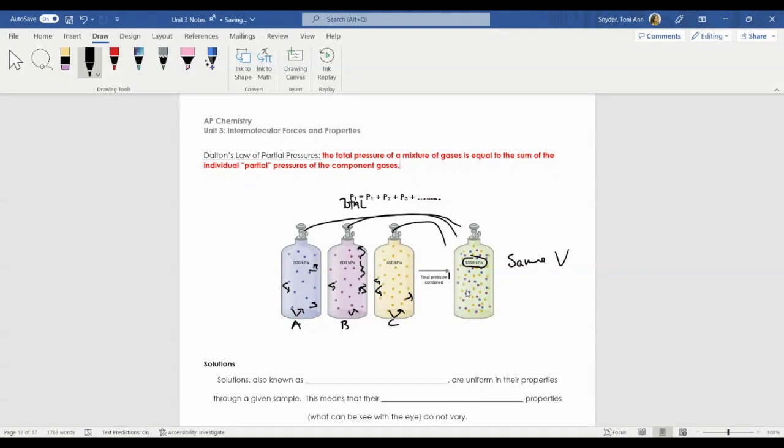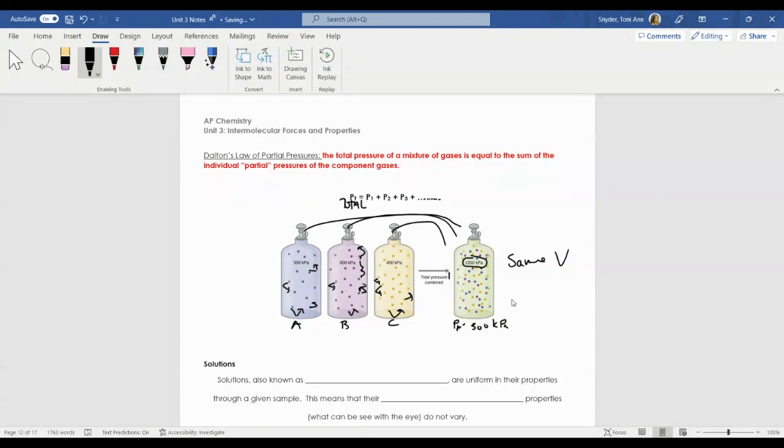In here, however, we still say that the partial pressures are the same. The partial pressure of gas A still exerts a pressure of 300 kilopascals, right? And that's because A is still bouncing off of the walls of the container with the same amount of force.